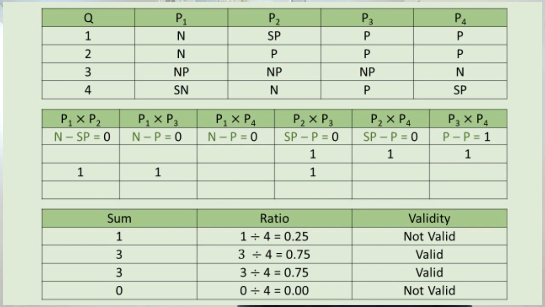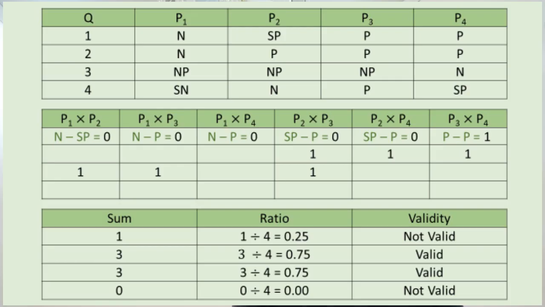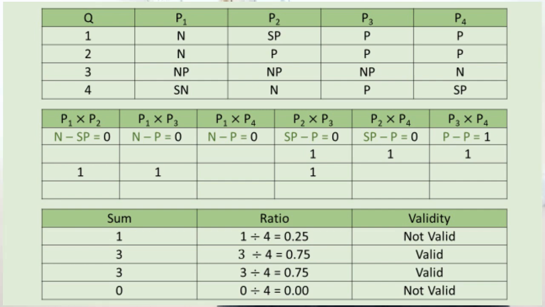Their responses are not the same, so we'll denote that as 0. Every time that we have a response in which the category is not the same, we'll write 0. On the other hand, if the categories are the same, we'll write 1.